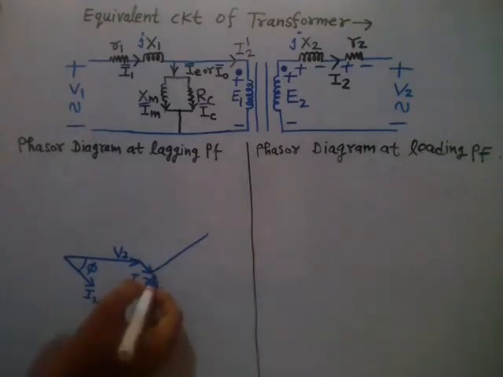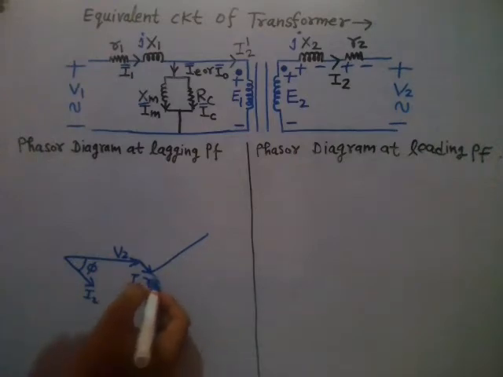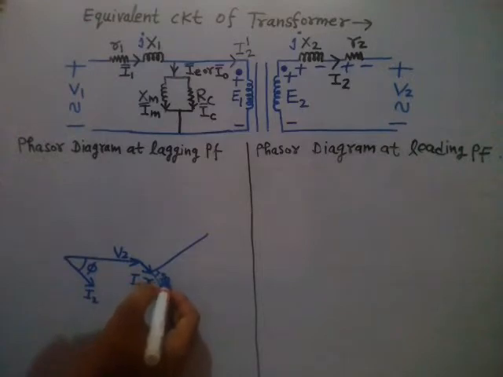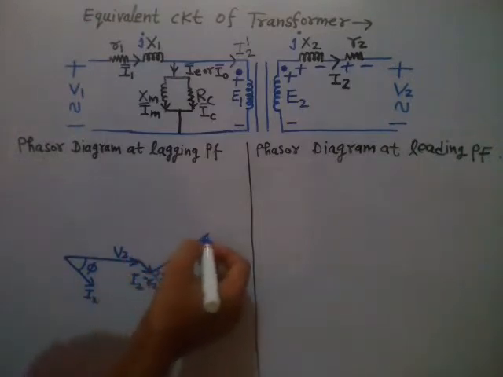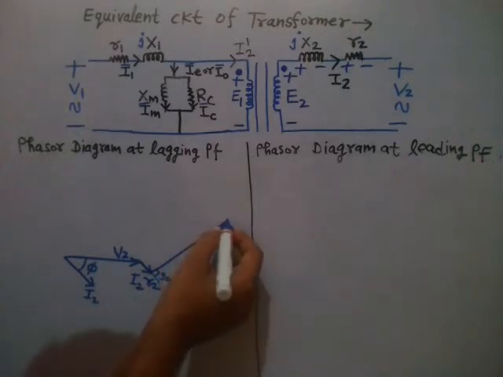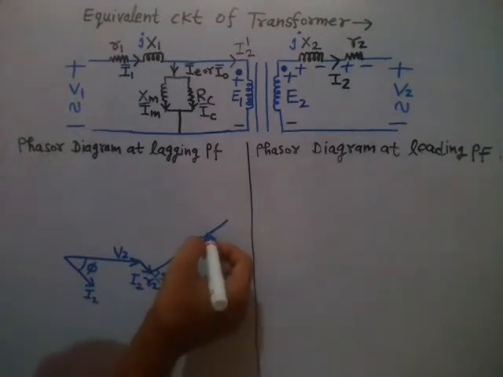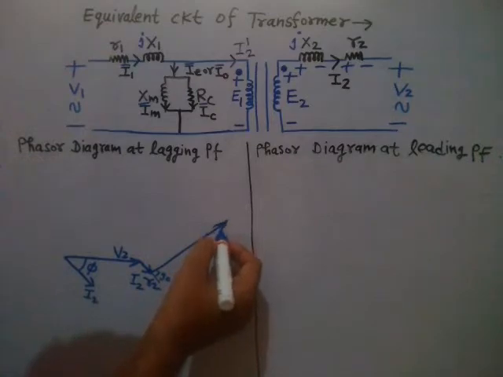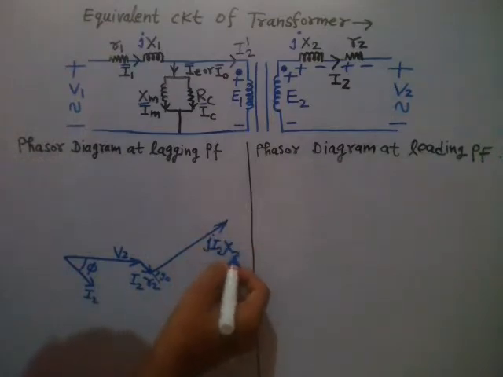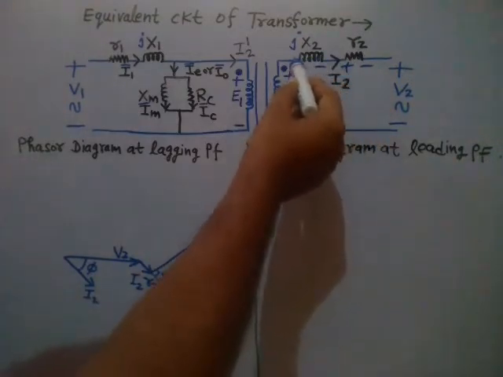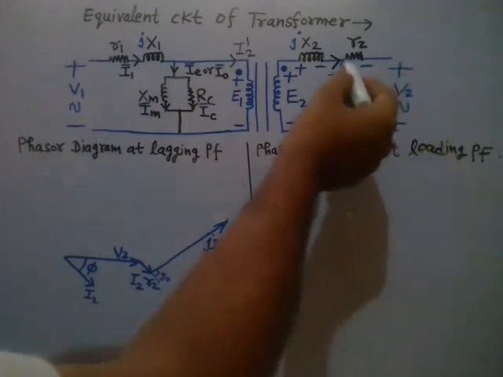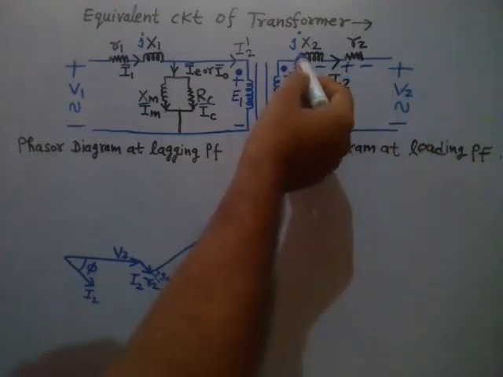So that means if you extend this line like this, then at 90 degrees ahead in the anti-clockwise direction, you have to draw this phasor j times I2X2. Alright, so this is j times I2X2, right? So now you reach here, V2 plus I2R2 plus j times I2X2.